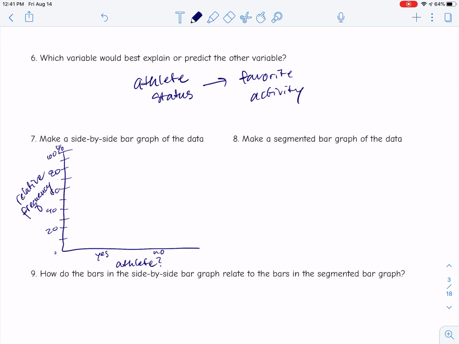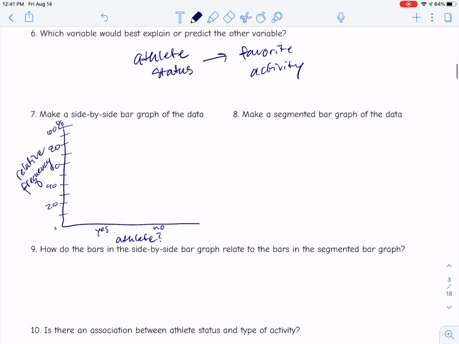So for athletes, 62% said sports, about 15% said Legos, a little higher, 18% said video games. We have a 0 for TV, and 6% reading.